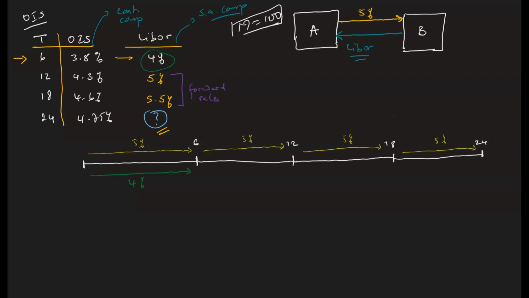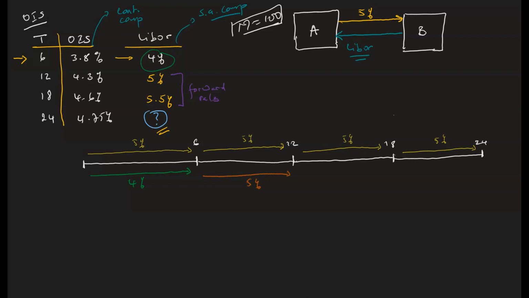So LIBOR for the first 6 months is going to be 4%. We also know that LIBOR for the period from 6 to 12 is 5%, that's that one here.